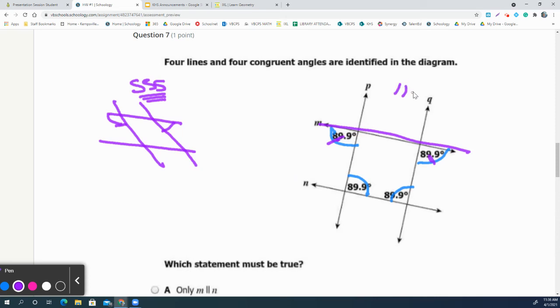So P and Q are not parallel. Okay. Here, if I look at Q, that's supposed to be a straight line. So if I look at Q, what's the relationship between this 89 and this 89? Alternate interior. Alternate angles should be congruent, and they are. So here, M and N are parallel.